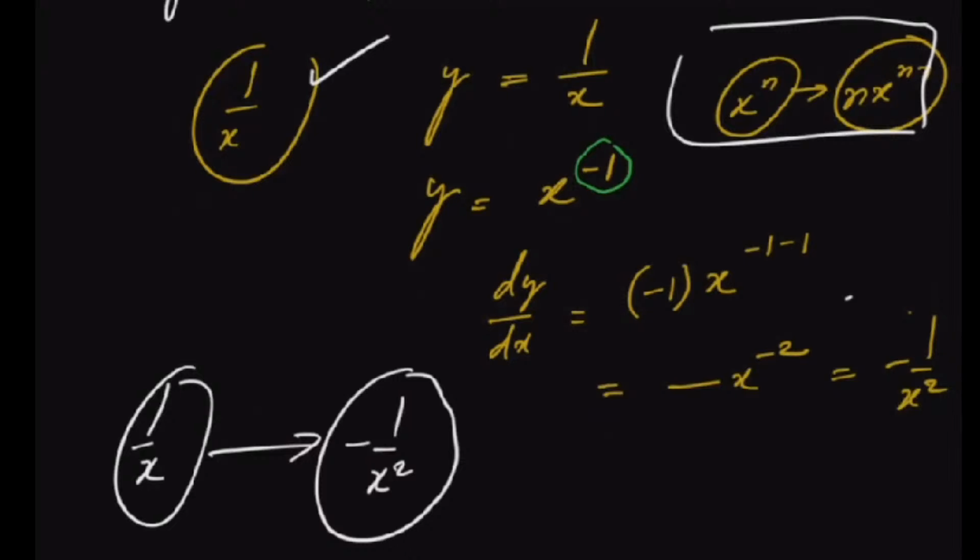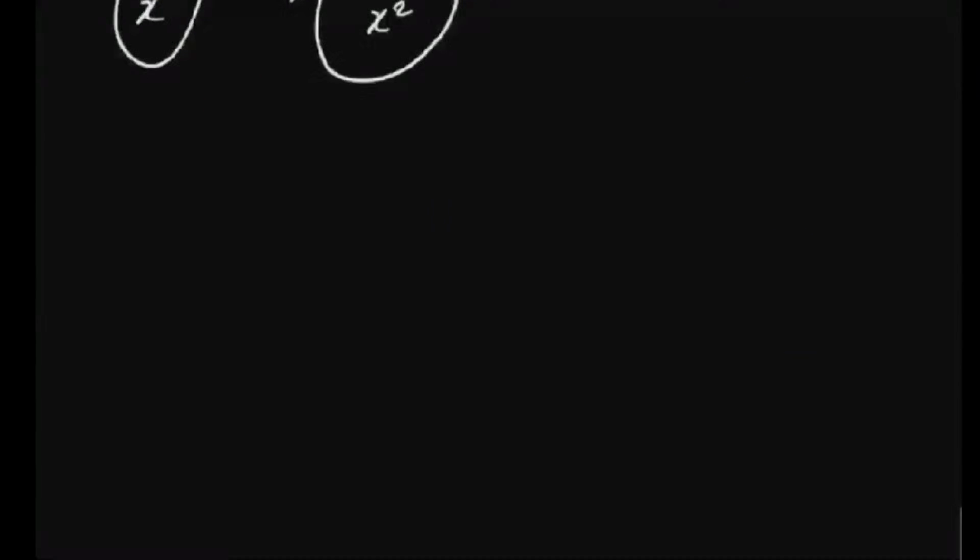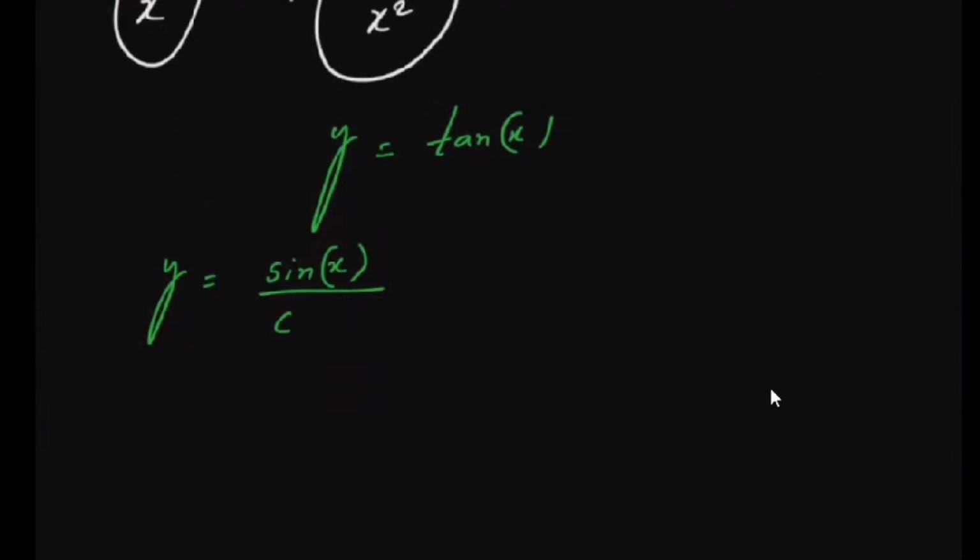So I'm writing y as a product of functions that we already know. So it is equal to sin x by cos x. So I can write it as sin x times 1 by cos x.